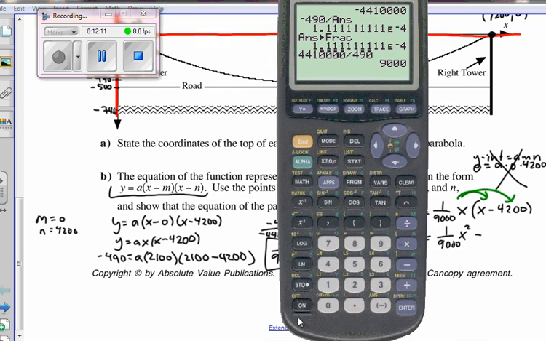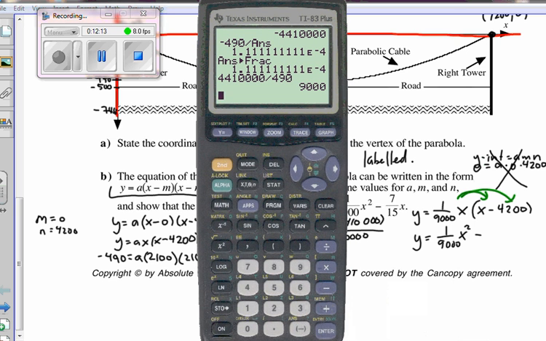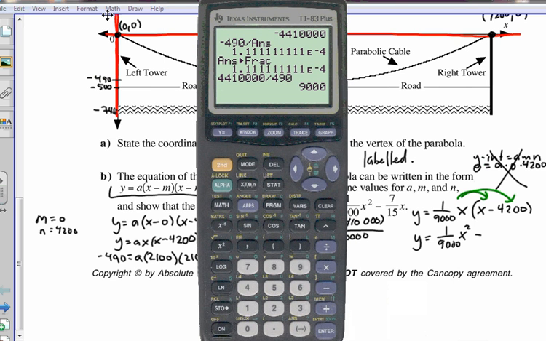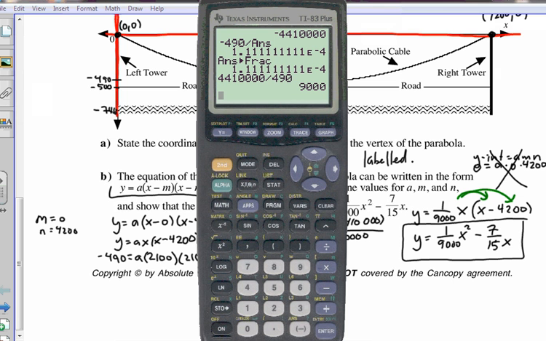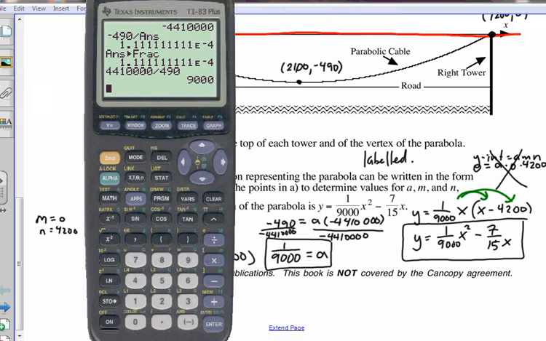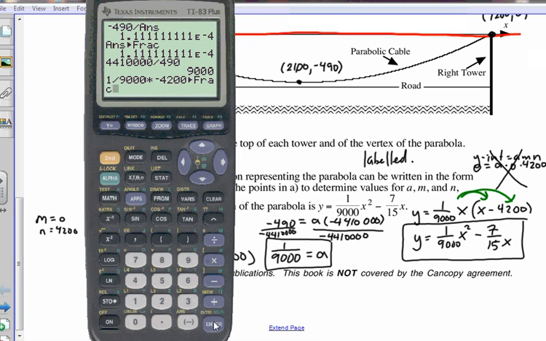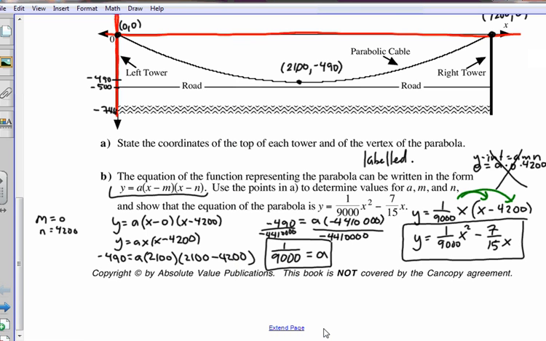So 1 over 9,000 times negative 4,200, and then math, enter, enter to change it to a fraction. Negative 7 over 15. Okay? All right, so there's our equation. Turn over to the next page.